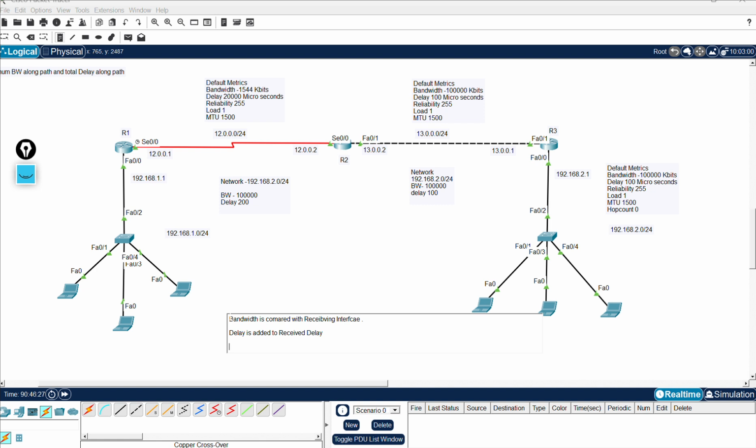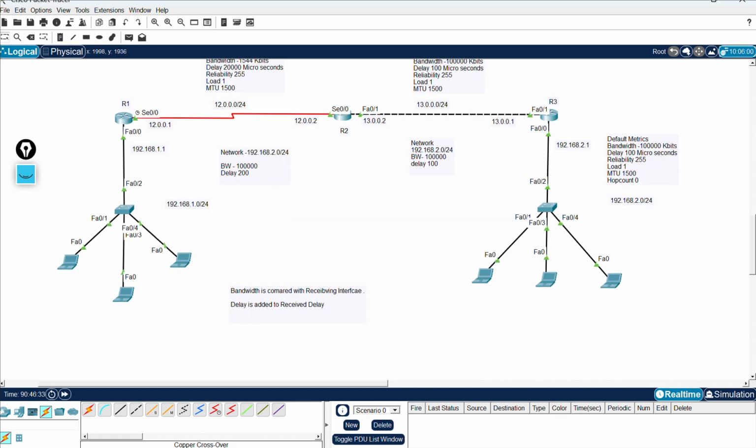Remember these two points. So this is how EIGRP calculates the metric.